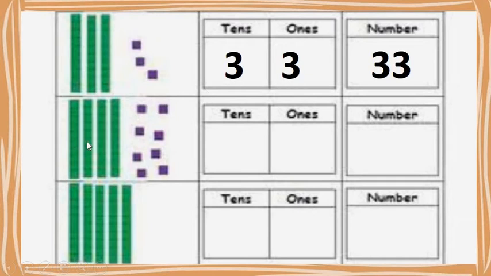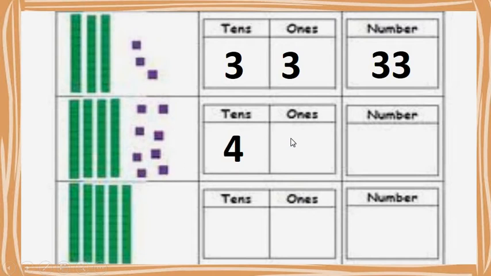Here we have 1, 2, 3 and 4 tens. Look, how many tens are there? 4. So we should write the number 4 in the place of tens. Now let's count how many ones are there. 1, 2, 3, 4, 5, 6, 7 and 8 ones are there.